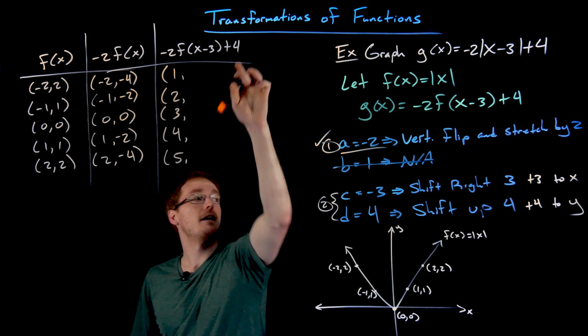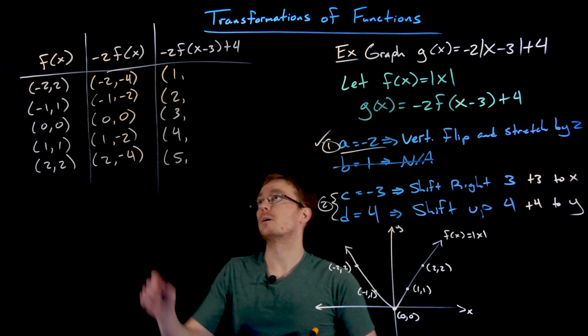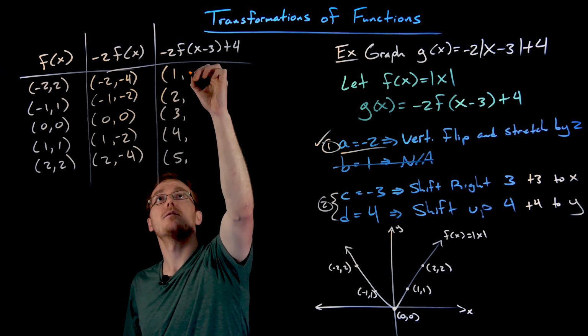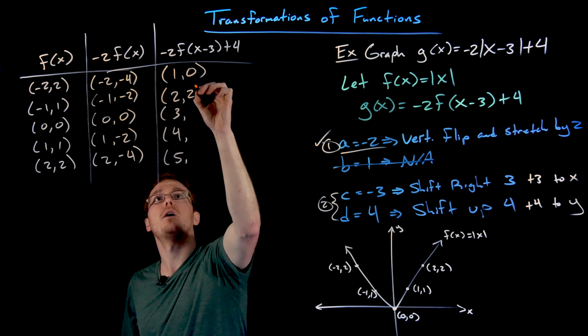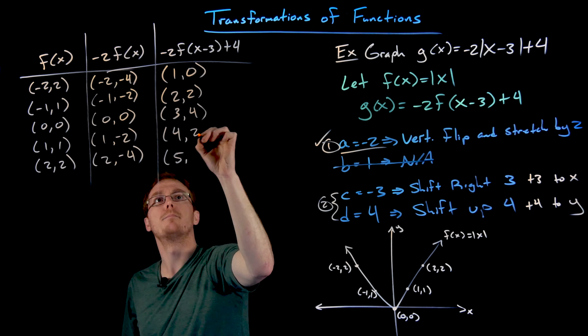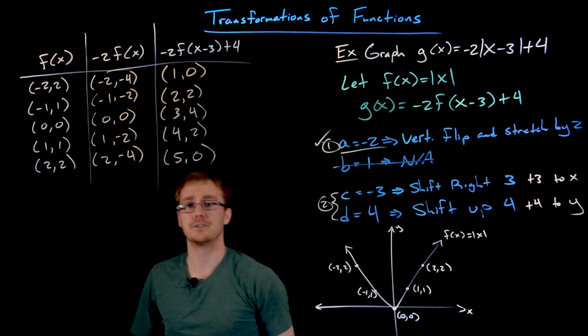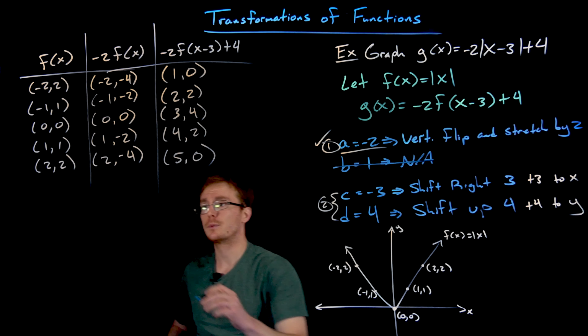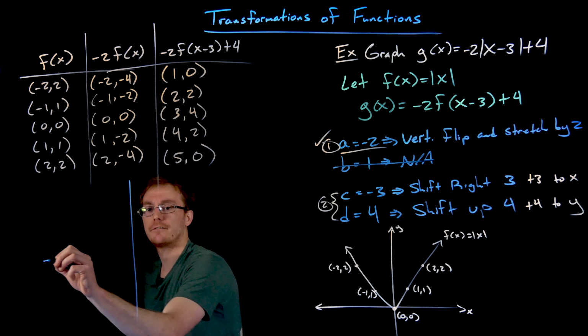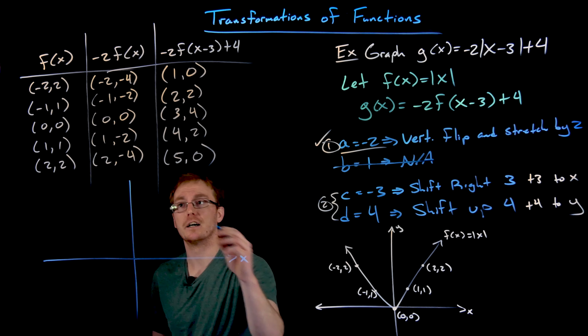Then remember for the y values, we're shifting up 4, so we have to add 4 to all these y values from our previous column. That'll give us 0, 2, 4, 2, and 0. So now with these 5 transformed points, we can plot them and sketch a graph of our transformation g of x.